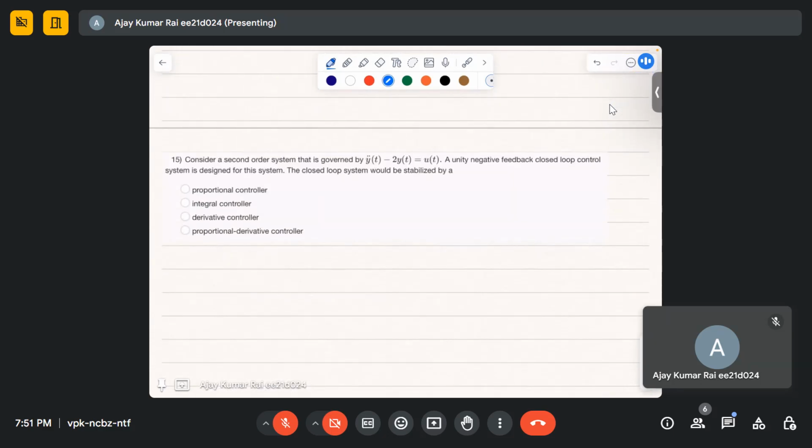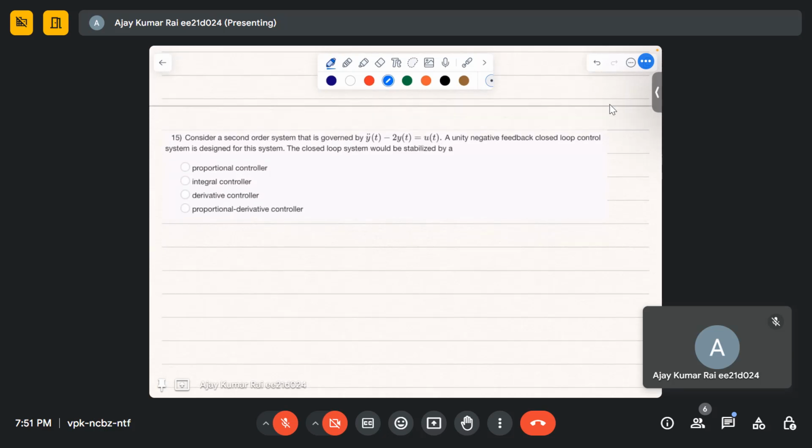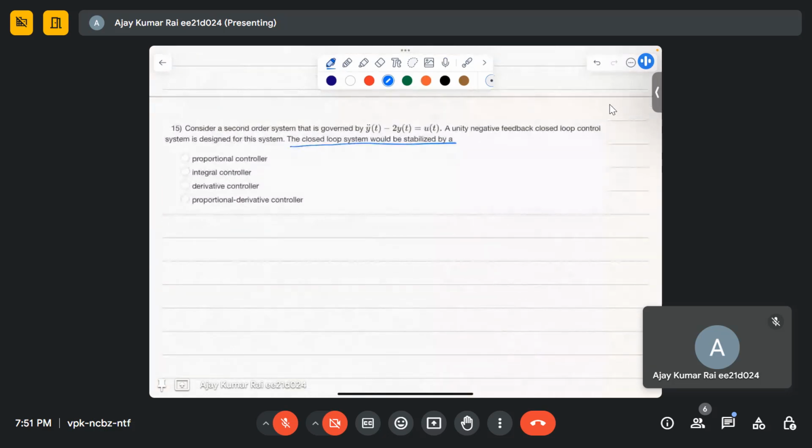So the last one I will do quickly. Consider a second order system that is governed by this equation. A unity negative feedback closed loop control system is designed for this system. The closed loop system would be stabilized by, okay, we have to find out one by one.